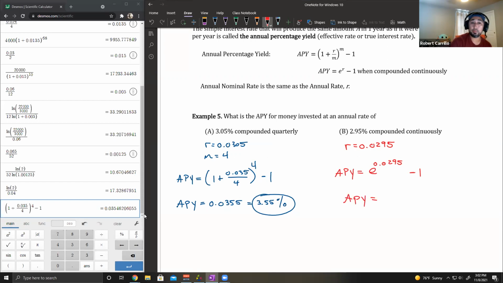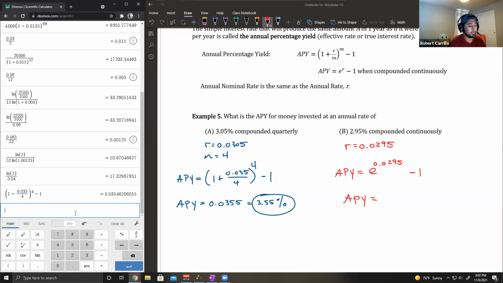And our true percentage rate compounded continuously, let's see, e raised to the 0.0295 minus 1 is 0.0299. And that rounded up is 2.99%.